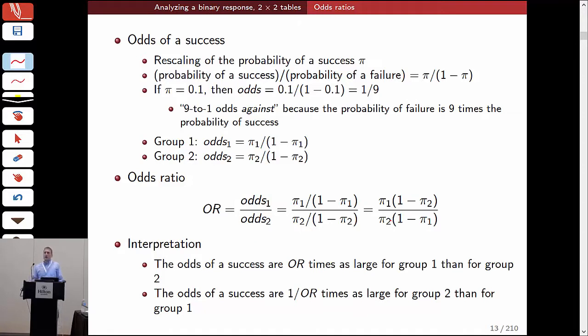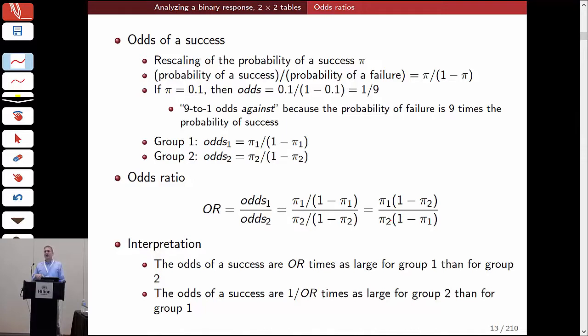Now let's talk about the interpretation. This is a very common place where I see students who are just beginning to understand what odds ratios are misunderstand what an odds ratio represents. Also, unfortunately, you often see in the media, reporters writing articles about various things, also misunderstand what an odds ratio is representing.